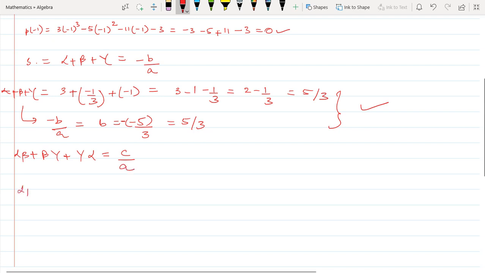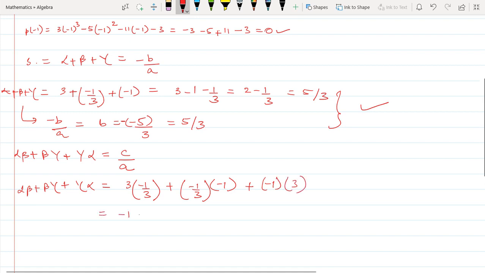Okay, now let's see, alpha beta plus beta gamma plus gamma alpha is equal to 3 into minus 1 by 3 plus minus 1 by 3 into minus 1 plus minus 1 into 3. And if you solve this, you get minus of 1 plus of 1 by 3 and minus of 3, and this is equal to 1 by 3 minus 4, that is equal to 1 minus 12 by 3, that is equal to minus 11 by 3.